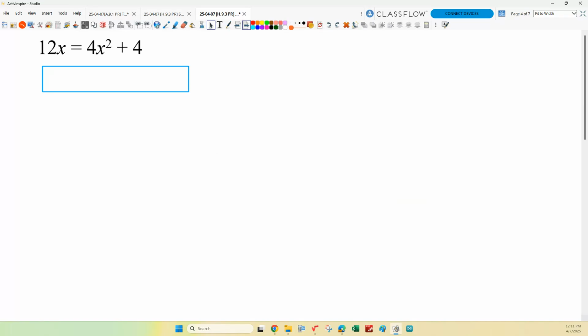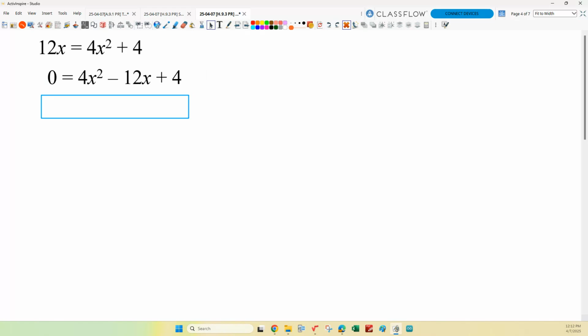How about this one? Say it again. We are going to divide by 4. Let's do something else first. Say it again. Standard form. So push everything to the right. Good. And then dividing by 4 is right, isn't it?